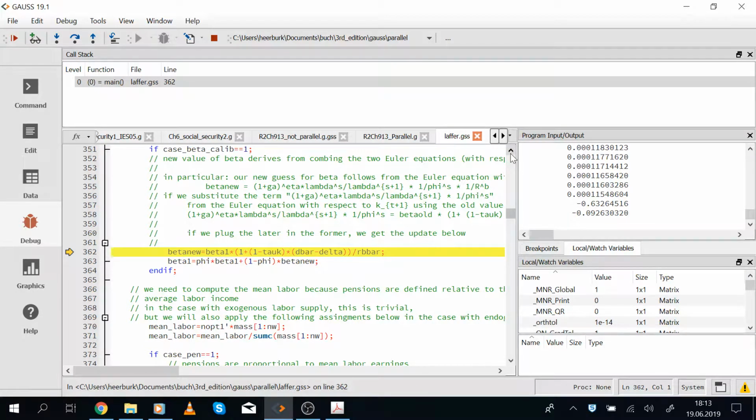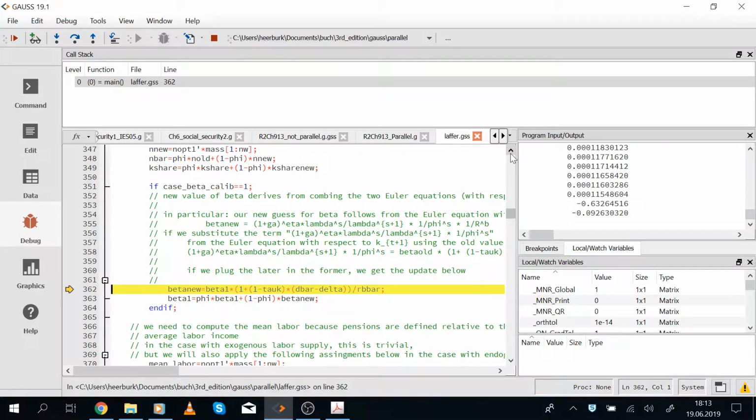Now, in the case that we calibrate beta, we have to update beta, and this is done with the help of the Euler equation described here in the comment. So we have two Euler equations, and we can use the one Euler equation with respect to the capital stock as our old version for the beta, and substitute the left-hand side term of this equation in the Euler equation for the government bonds.